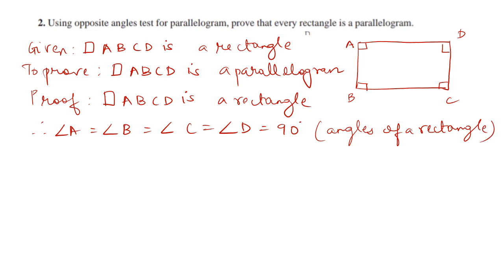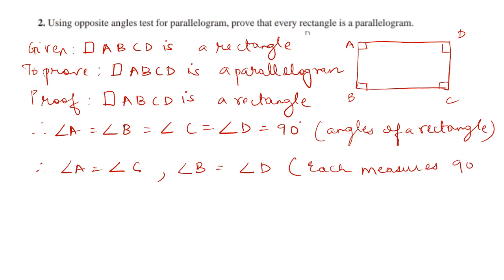So therefore angle A is equal to angle C and angle B is equal to angle D, because each measures 90 degrees.